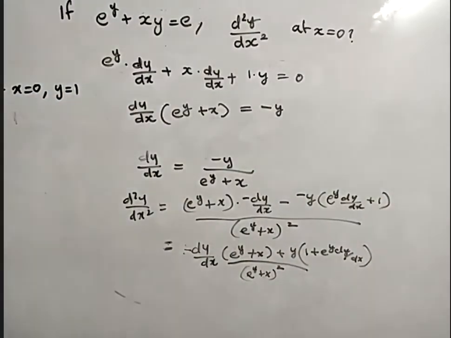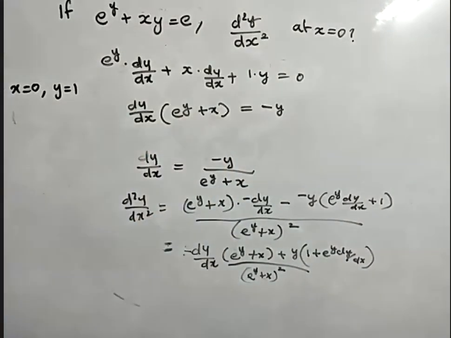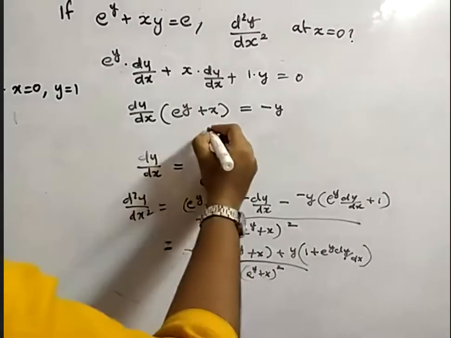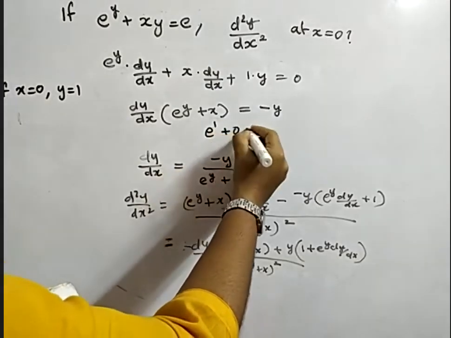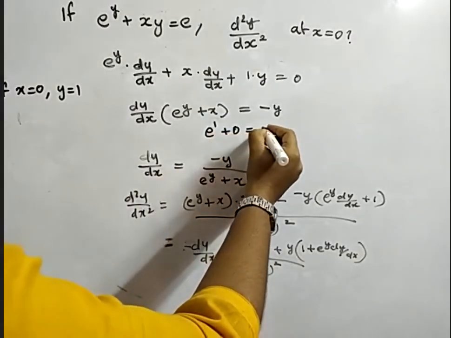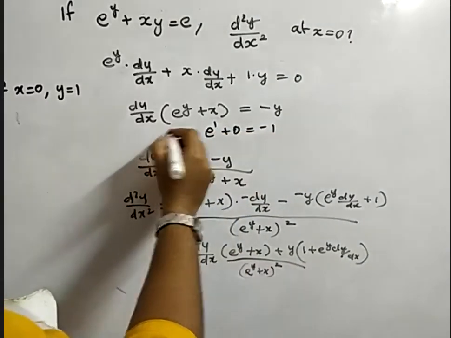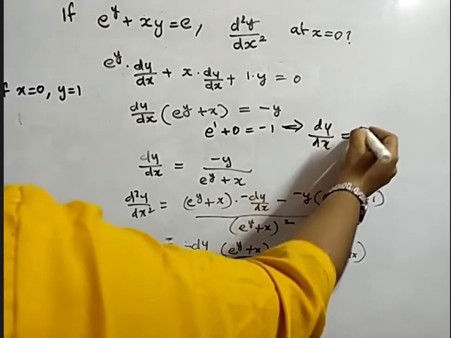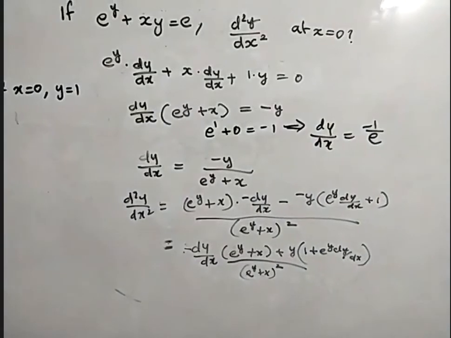So here when you apply that, what you will get? If x is equal to 0, y is equal to 1. E raised to 1 plus 0 is equal to minus 1. So from this we can write dy by dx as minus 1 by e.